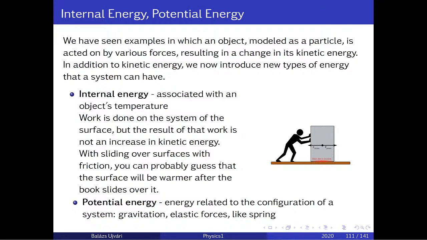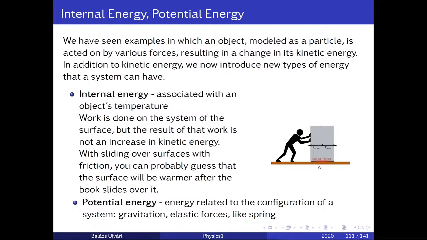Work done by, for example, this person pushing this box: if there is no friction, it will increase the kinetic energy of the box. If, as you can see here, there is friction, this energy transfer won't create changes in the kinetic energy, but it increases the internal energy.